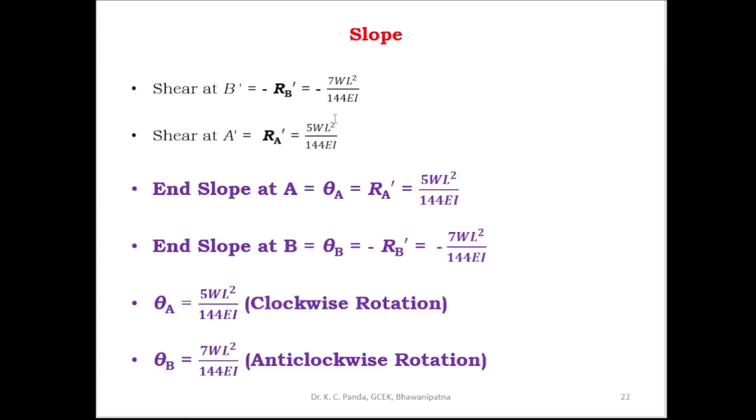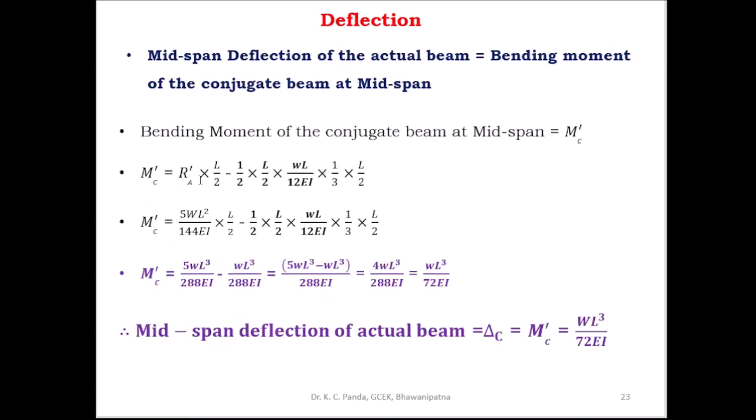So MC dash is equal to RA dash into L by 2 minus half into L by 2 into WL by 12 EI into 1/3 into L by 2. Then after simplification, MC dash is equal to WL cube by 72 EI. So this is the midspan deflection of the actual beam. Delta C is equal to MC dash, which is equal to WL cube by 72 EI. So this is the midspan deflection.